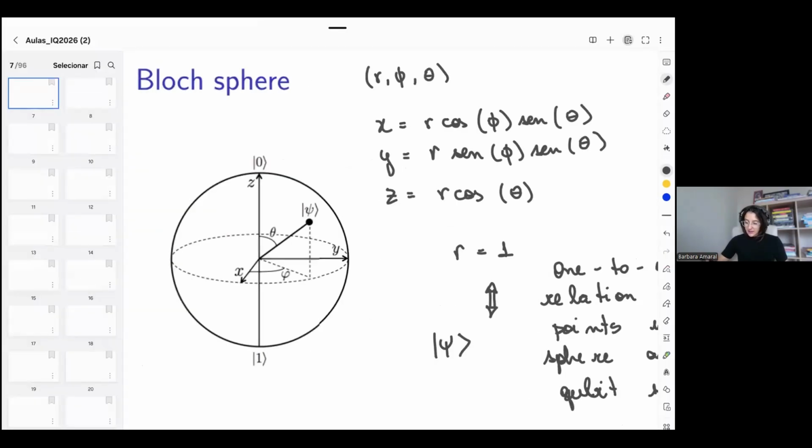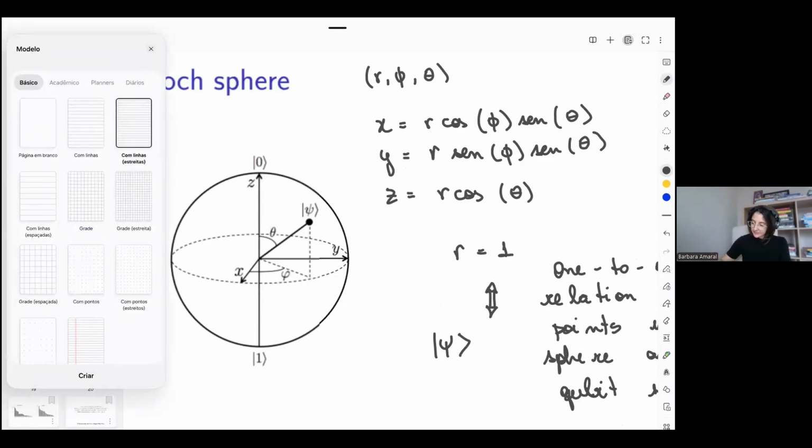So let's see the representation of a few important states.